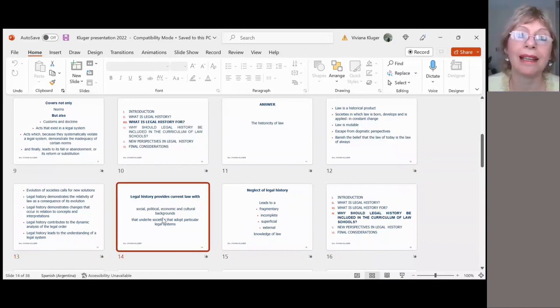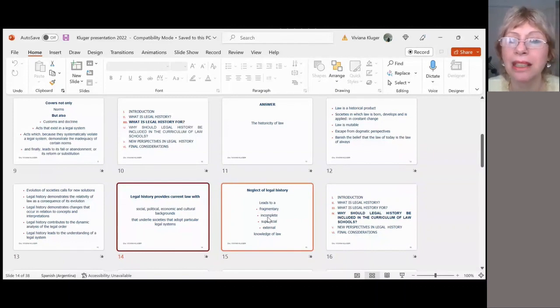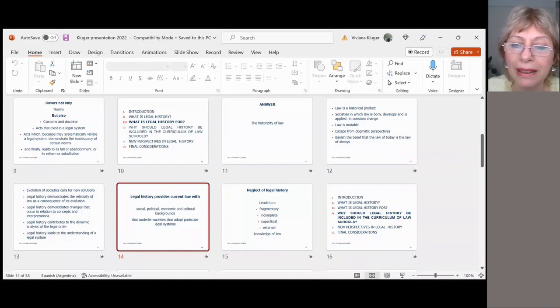And basically, legal history provides current law with the social, political, economic, and cultural backgrounds that underlie societies that adopt a particular legal system. And what happens with the neglect of legal history? The neglect of legal history leads to a fragmentary, incomplete, superficial, external knowledge of law.